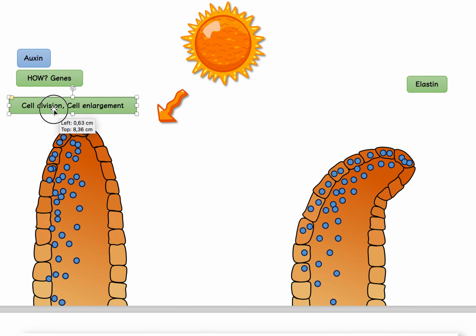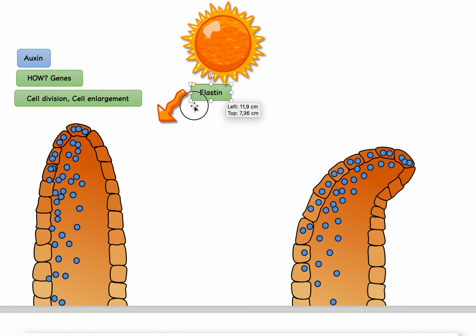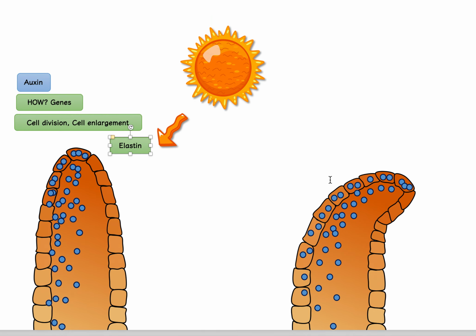It's going to tell these genes to do cell enlargement, not really cell division, very minor, but mainly cell enlargement. So it's going to go there and tell the genes to express some molecules that can make the cells become larger. One of the molecules is elastin. The cell will then make elastin, and this elastin will make the cells sort of elastic, hence the name. And when they're elastic, it means they can blow up like a balloon and become bigger.